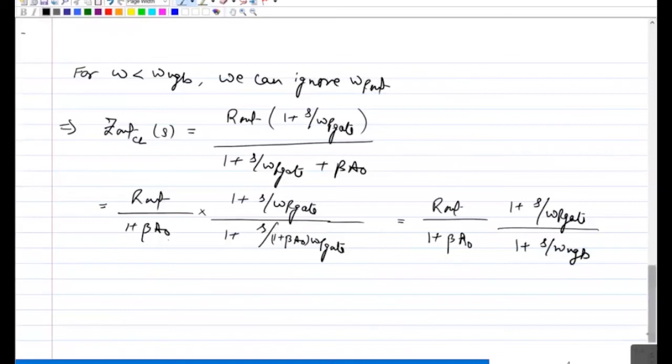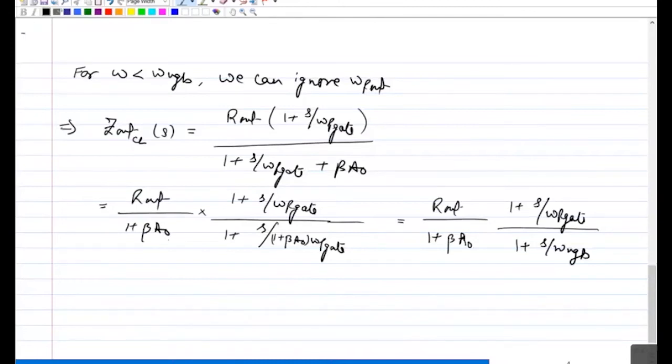Okay, so what you have actually is that the dominant pole has basically been converted into a zero here, and your pole has shifted to UGB in the closed loop.